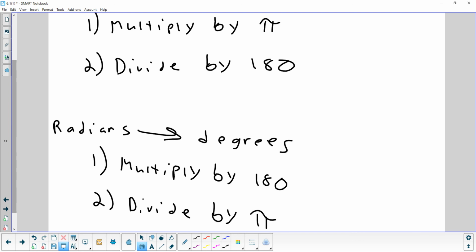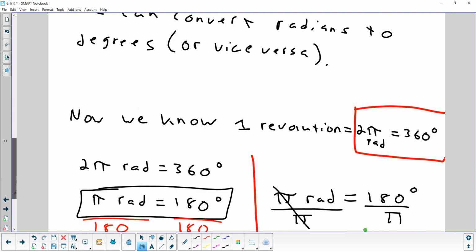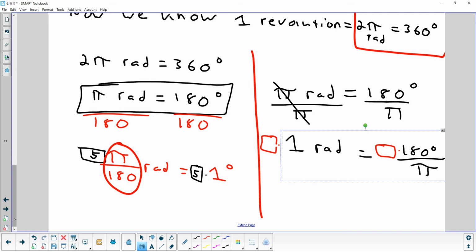So now it can get a little confusing. One's multiply by 180, one's divide by 180. They're very similar. So I'm going to give you a way that you can remember without even really having to memorize this. You just have to remember 2 things. When I say degrees, the number I want you to always think of is 180.